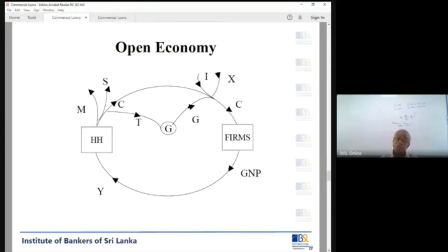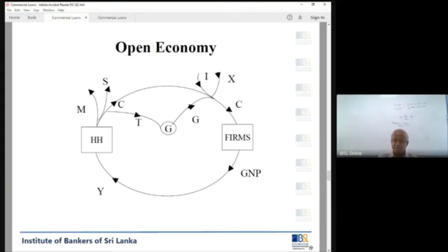Consumption goods for the households. Then government demand for goods and services, G for the government. Then investment goods for the other firms, inter-industry firms. Exports: firms produce exports.